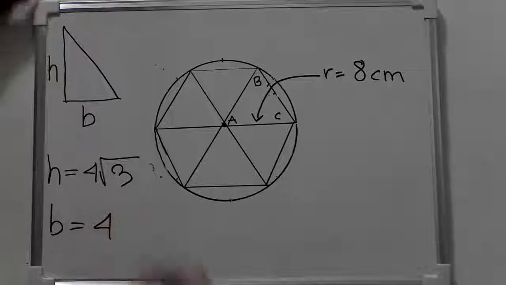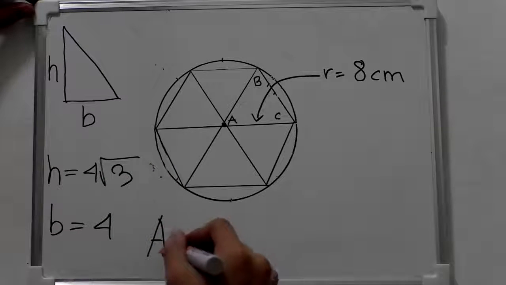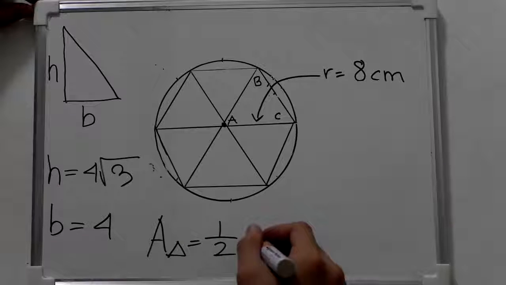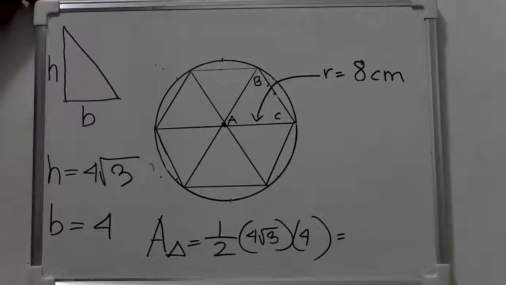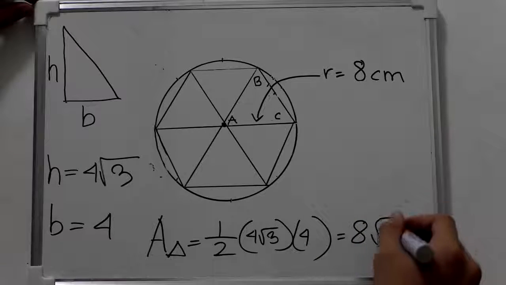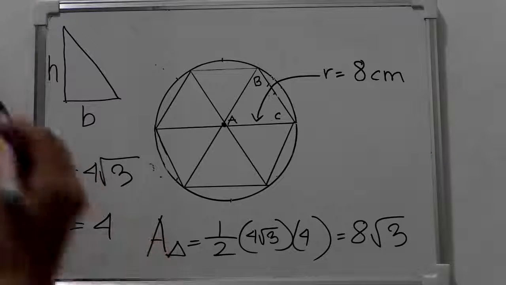So we can now solve the area of a right triangle, which is 1/2 times 4 square root of 3 times 4. That would be equal to 8 square root of 3.